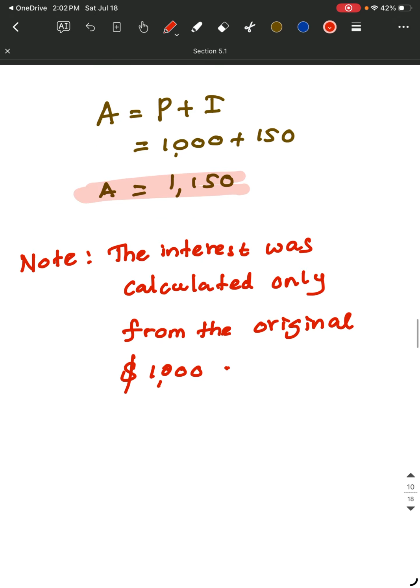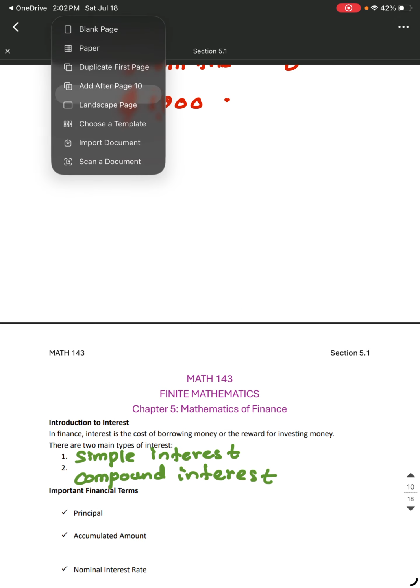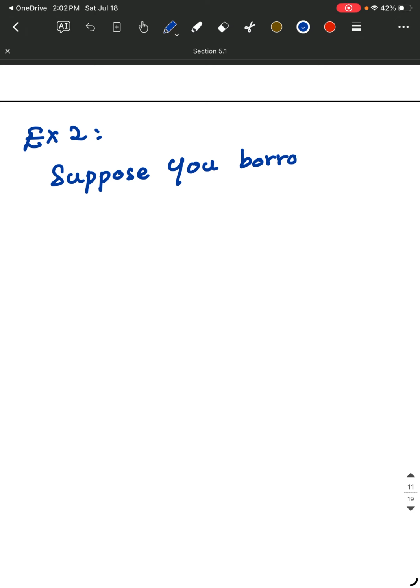Let's see one more example. Suppose you borrow $5,000 at 4% annual interest rate for 5 years.